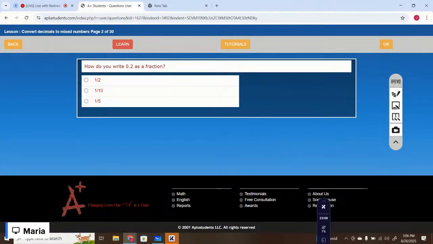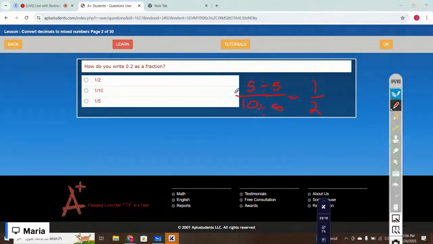How do you write 0.2 as a fraction? 0.2, so it would be 2 over 10. So just divide it by 2. 2 divided by 2 is 1, 10 divided by 2 is 5. That is 1 by 5.